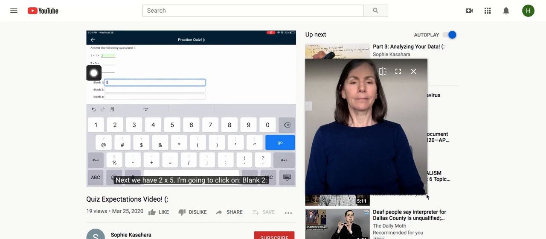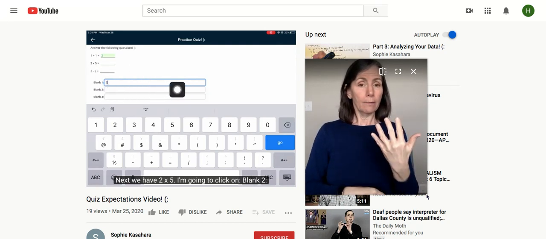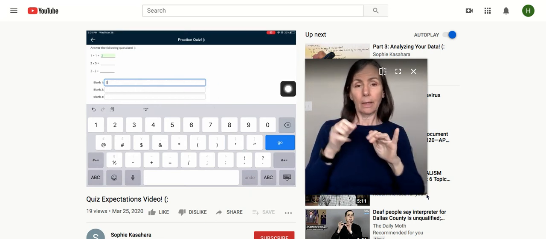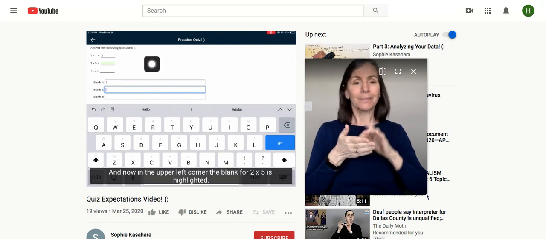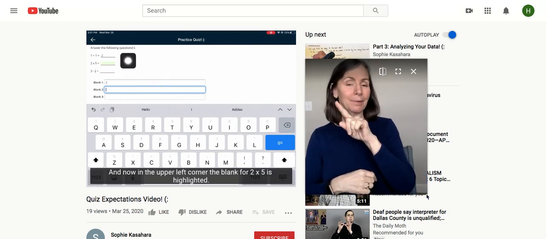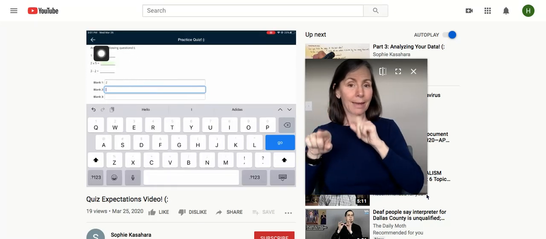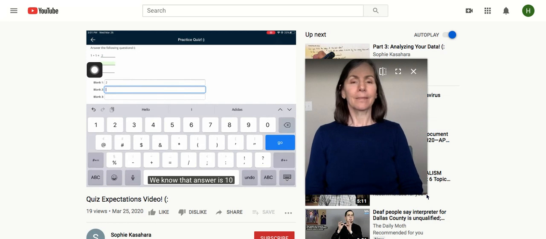Next we have 2 times 5. I'm going to click on blank 2. And now in the upper left corner, the blank for 2 times 5 is highlighted. We know that answer is 10.